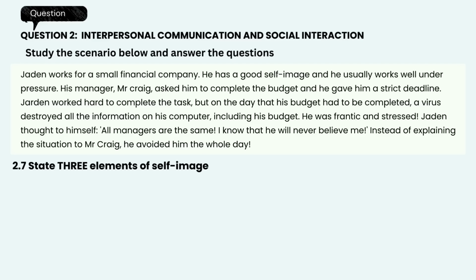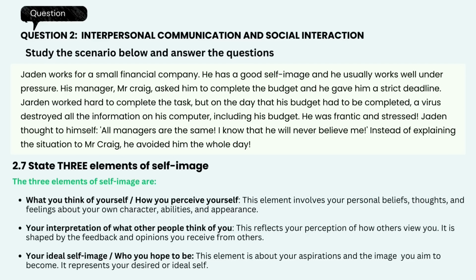Question. State 3 elements of self-image. The 3 elements of self-image are: 1. What you think of yourself and how you perceive yourself. This element involves your personal beliefs, thoughts, and feelings about your own character, abilities, and appearance. 2. Your interpretation of what other people think of you.